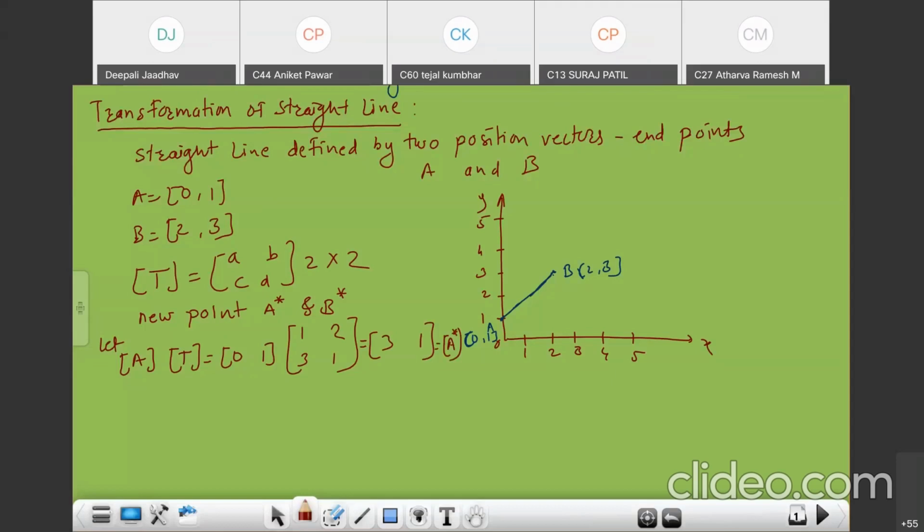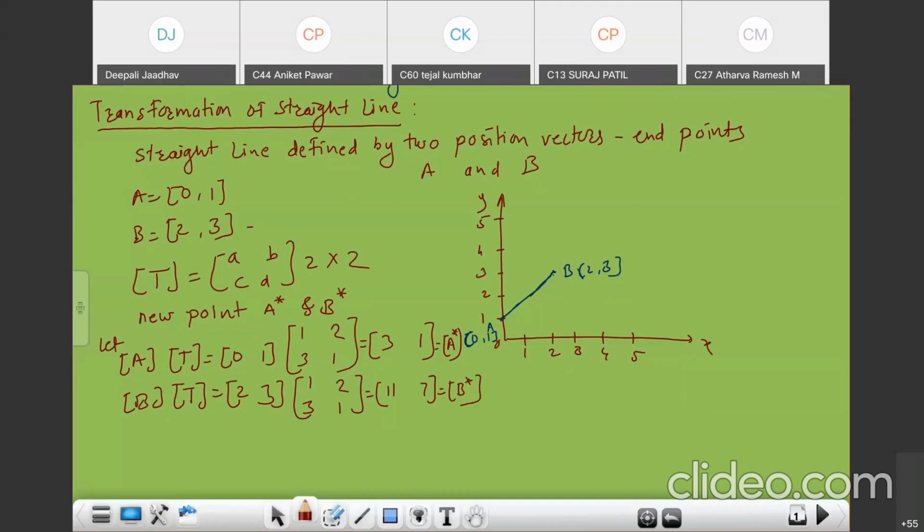Same for B, multiply with transformation matrix T. What is our B? 2, 3. Multiply with this transformation matrix. We will get the result 11, 7. That is our new point B star.